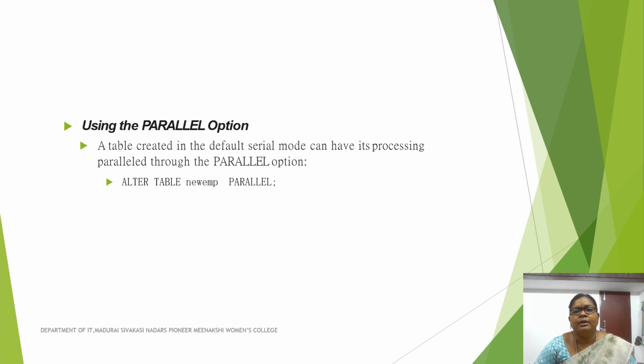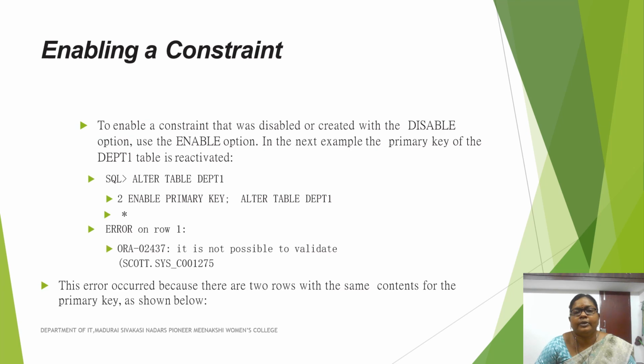That's the aim of using the parallel option here, so processing is faster. This is about how we implement it at the time of modifying tables. That is alter table, the table name is mentioned here, and just the parallel keyword followed by a semicolon. So that's it. You can achieve parallelism in the existing table.